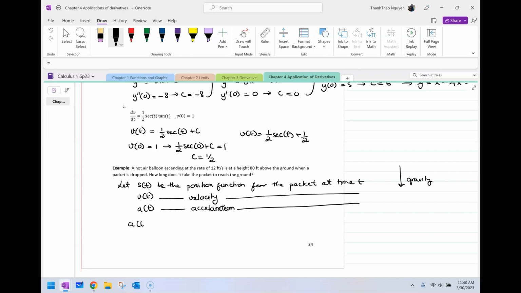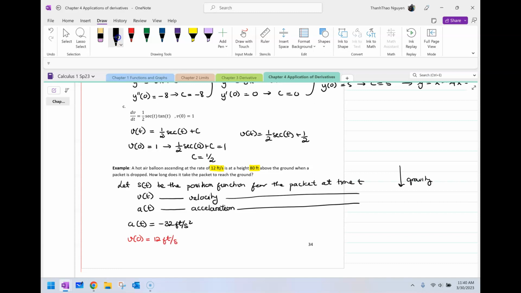So a of t equals negative 32 feet per second squared. We were told that the hot air balloon is ascending at the rate of 12 feet per second at the height of 80 feet. This tells you that v of 0 is equal to 12 feet per second.